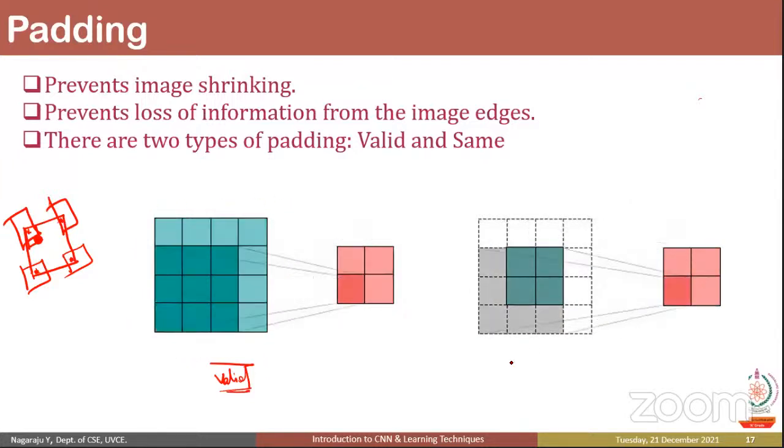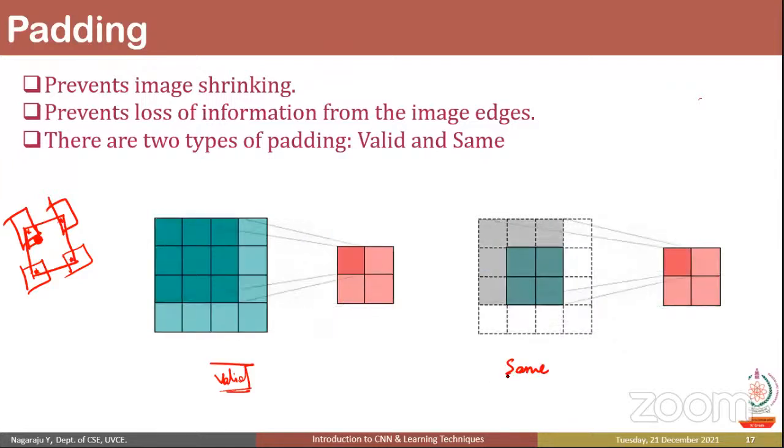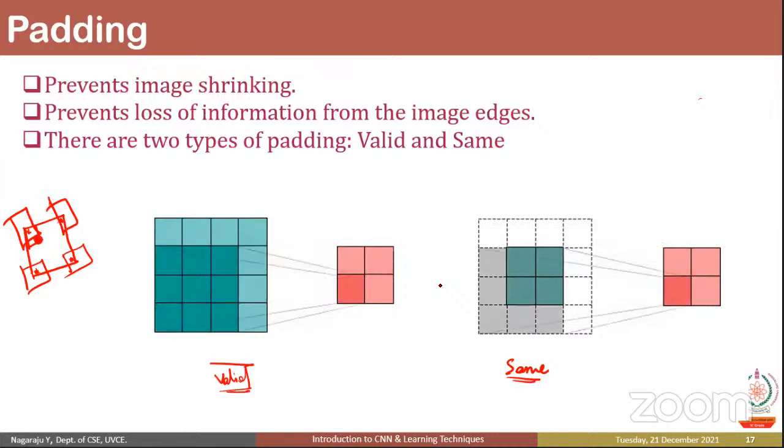The other padding is same. Here we are going to add zeros around the image and perform the operation. So this is how padding works, and the importance of padding is to prevent the image from shrinking and to preserve some features of the image at the edges of the image. So this is what padding is.